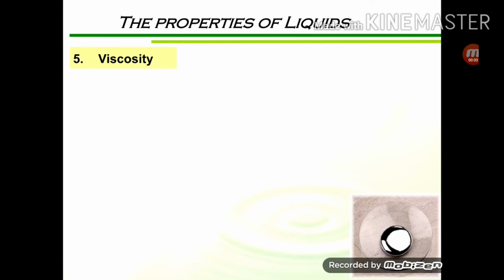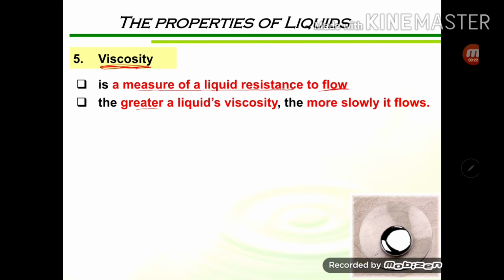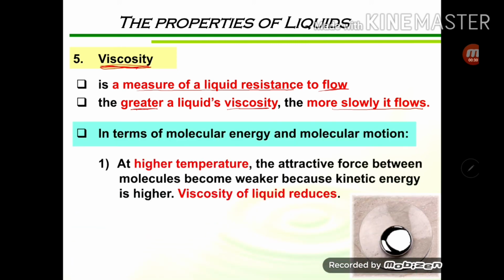The last property of liquid is viscosity. Viscosity is a measure of a liquid's resistance to flow. The greater the liquid viscosity, the more slowly it flows. At higher temperature, the attractive force between molecules becomes weaker because the kinetic energy is higher.